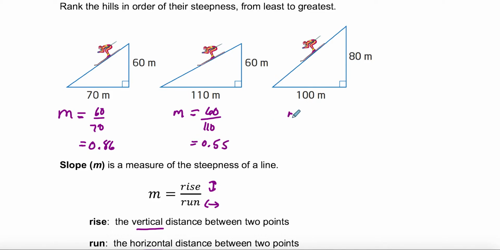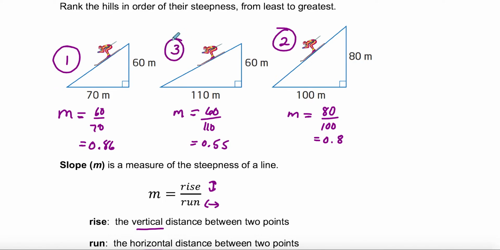And this last one, the slope is the vertical number, which is the rise over the horizontal number. And that's 0.8. So when I look at those three values, the biggest number is the one that is the most steep. So it looks like this one is actually the one that is the most steep. This one comes in second, and this one would be the least steep.